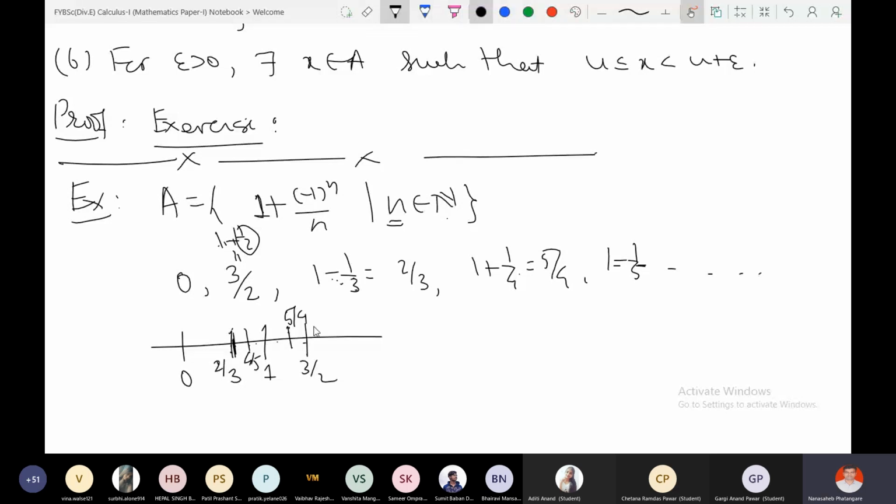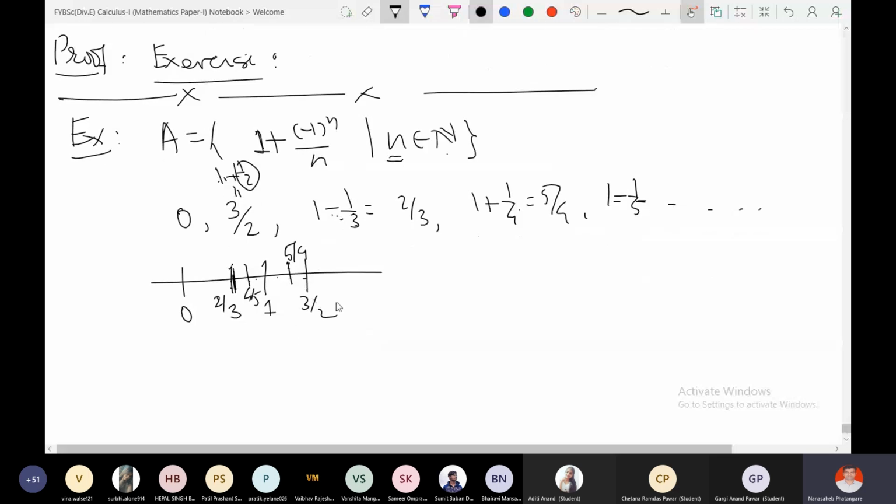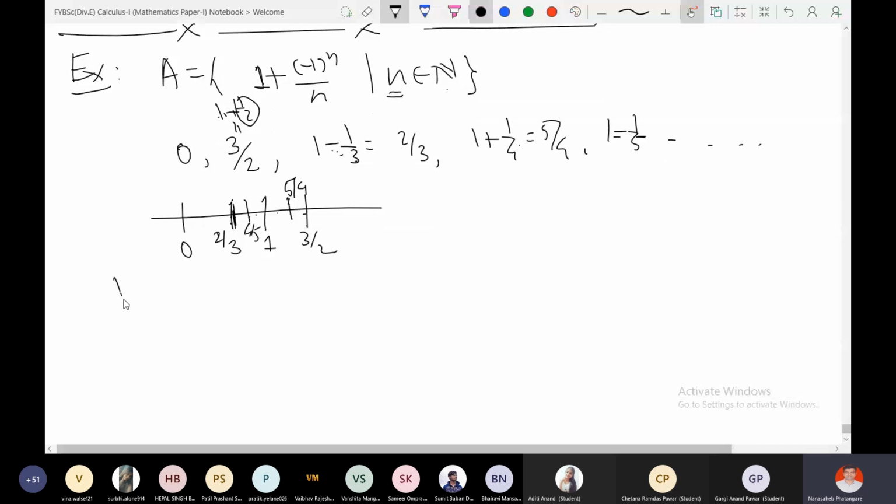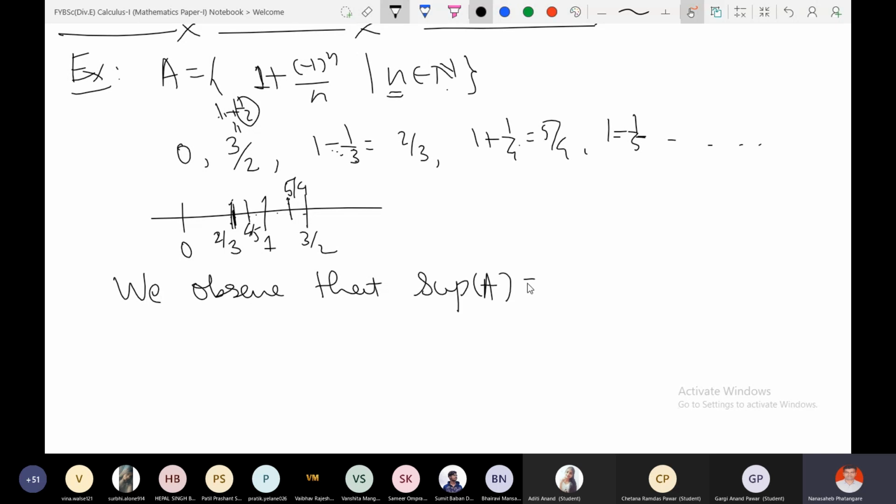So ultimately what is happening, you can observe on this line. But which is the largest element? Afterwards everything is less than 3 by 2 and everything is greater than 0. So we observe that, this is an observation. What could be the supremum of this set? 3 by 2.